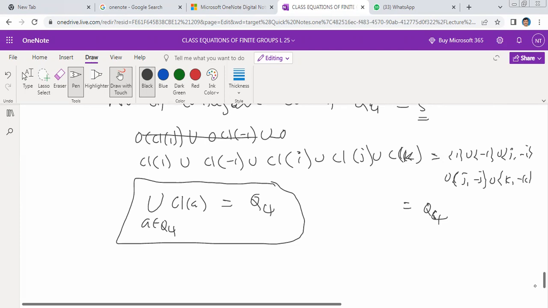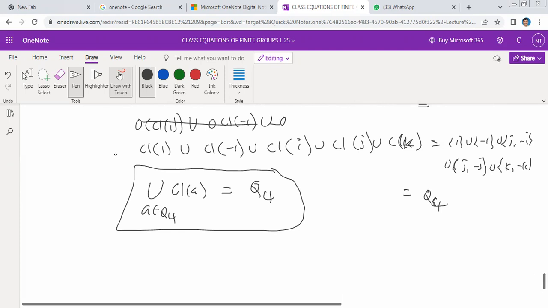So what about the order? Order of classification of 1 is 1. Order of classification of -1 is 1.